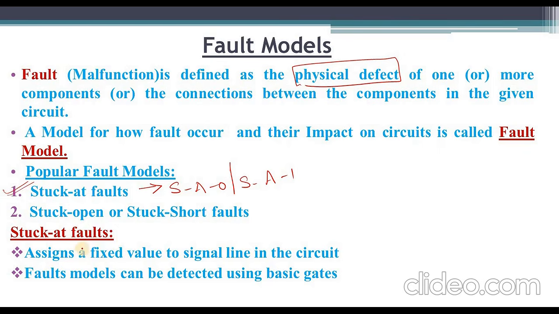These stuck faults assign a fixed value, either 0 or 1, to a signal line in the given circuit. Fine. These fault models can be detected by using the basic gates. Basic gates means AND gate, OR gate, also inverter and tri-state buffer. All these are basic gates.